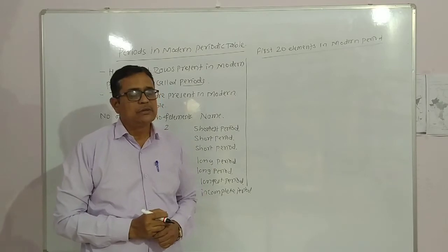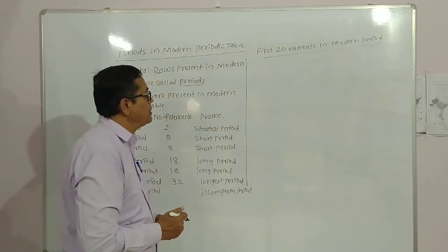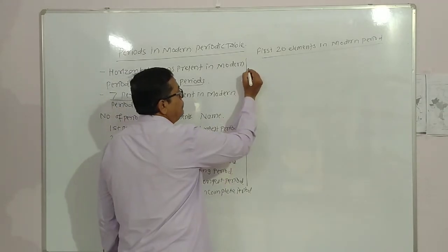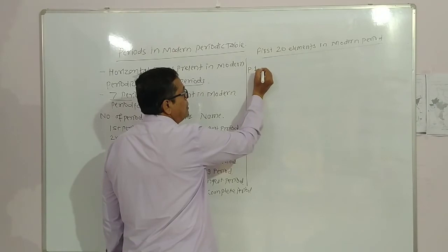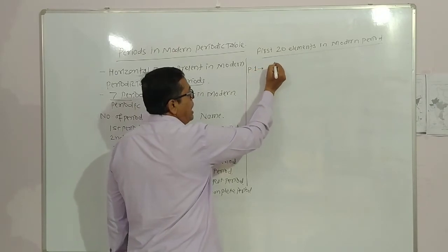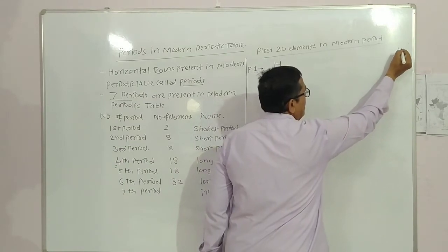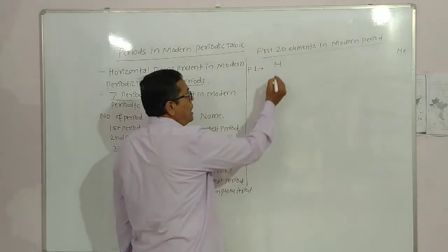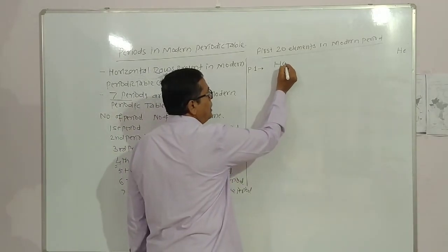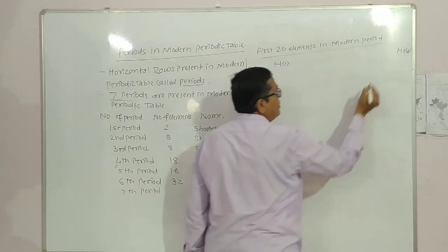Look, first 20 elements. In period number 1 there is hydrogen, and lastly helium. Hydrogen has atomic number 1 and helium has atomic number 2.